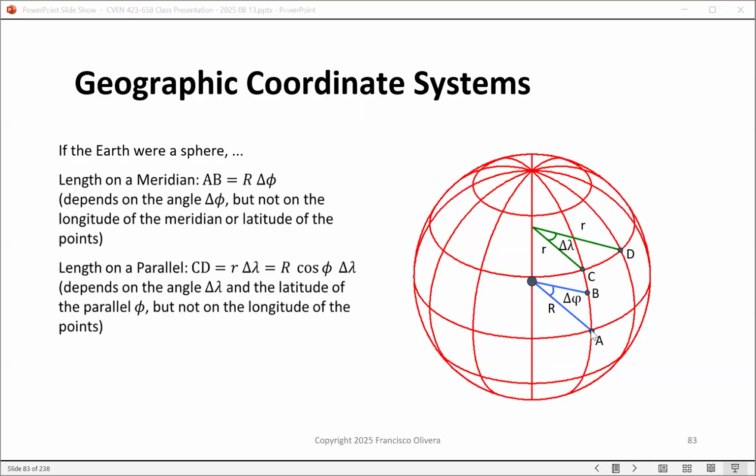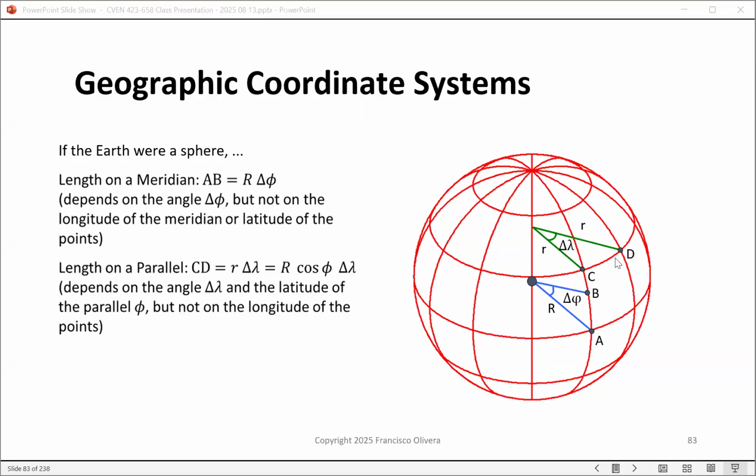It can be anywhere. We're assuming a sphere here to simplify the math. So when you travel north-south or south-north, the distance AB is going to be equal to the radius of the Earth. This is the center of the Earth. It's going to be the radius of the Earth multiplied by the angle, in this case, the difference in latitude, in radians.